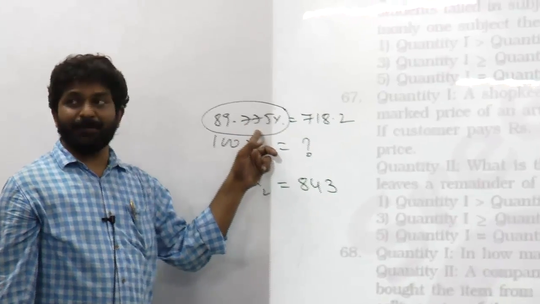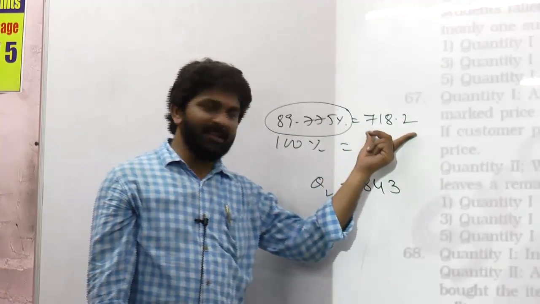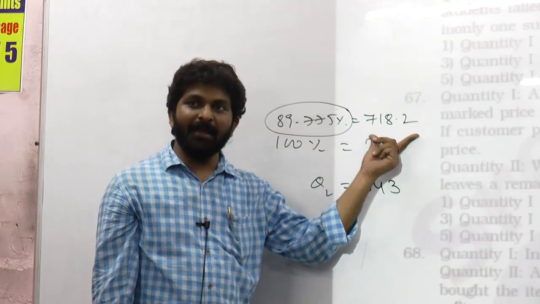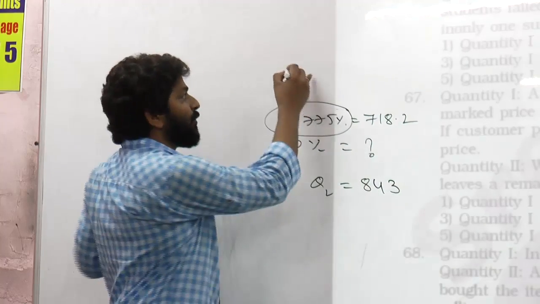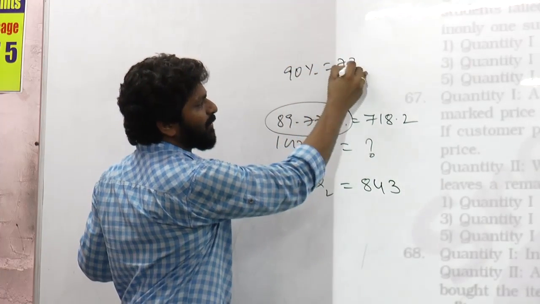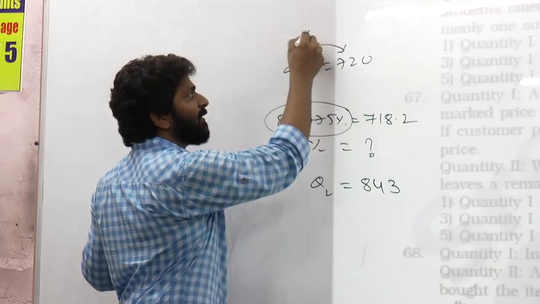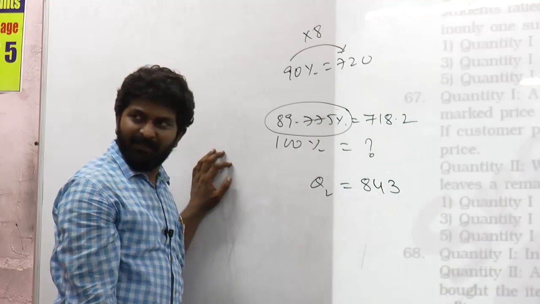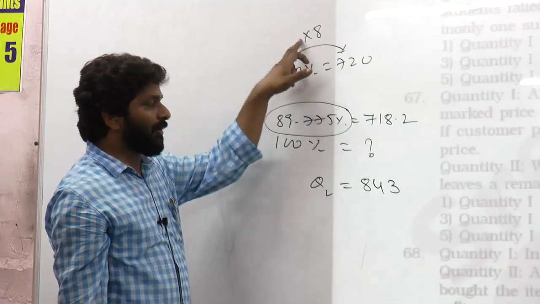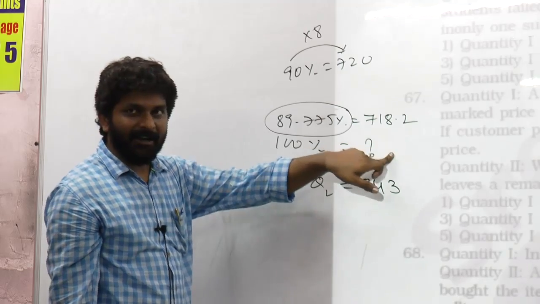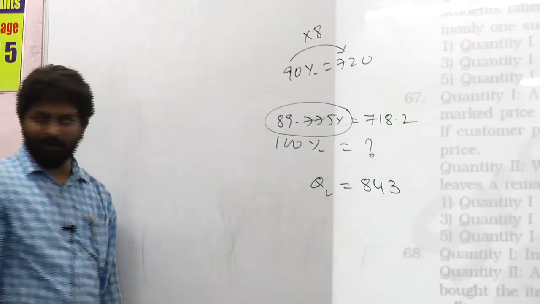As you have increased its percentage by a bit, increase its number also. You can make it 720. So if 90% is equal to 720, how many times is this? 8 times, right? Yes or no? 100% into 8, 800. This is 800, this is 843. Quantity 2 is more than quantity 1.